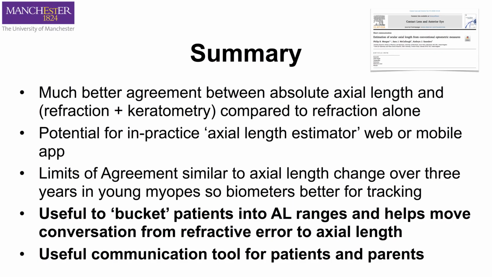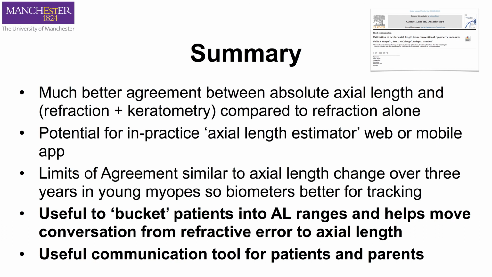But what I think it does do is a couple of really important things. The first is it allows us to categorize or bucket a young myope into low, medium or high axial length, for us to better understand exactly which of these three categories they would fall into.